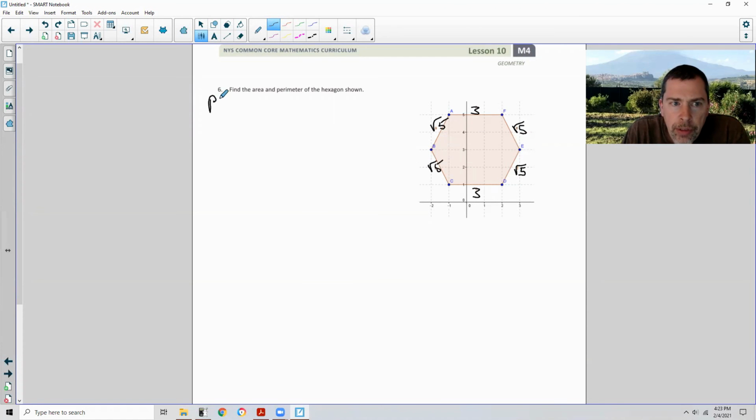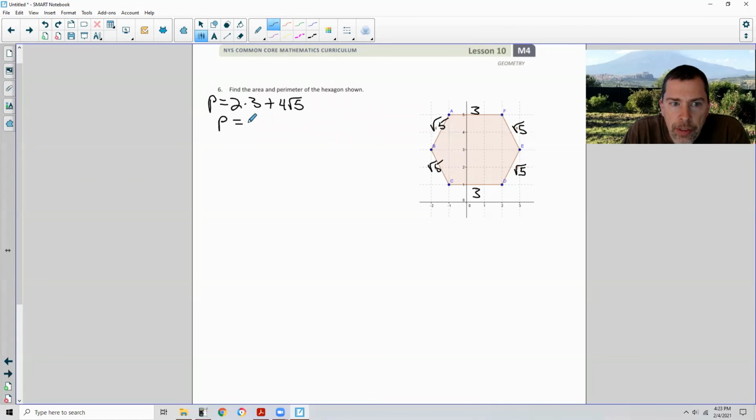So the perimeter equals 3 plus 3 plus. All right, let's just stop right there. We all know that repeated addition's multiplication. I see 2 3s. So it's 2 times 3 plus 4 times the square root of 5.